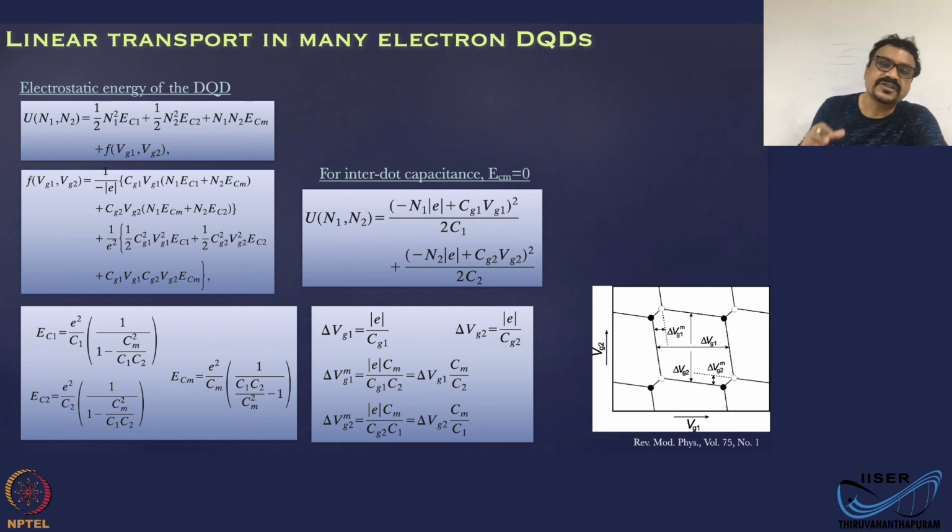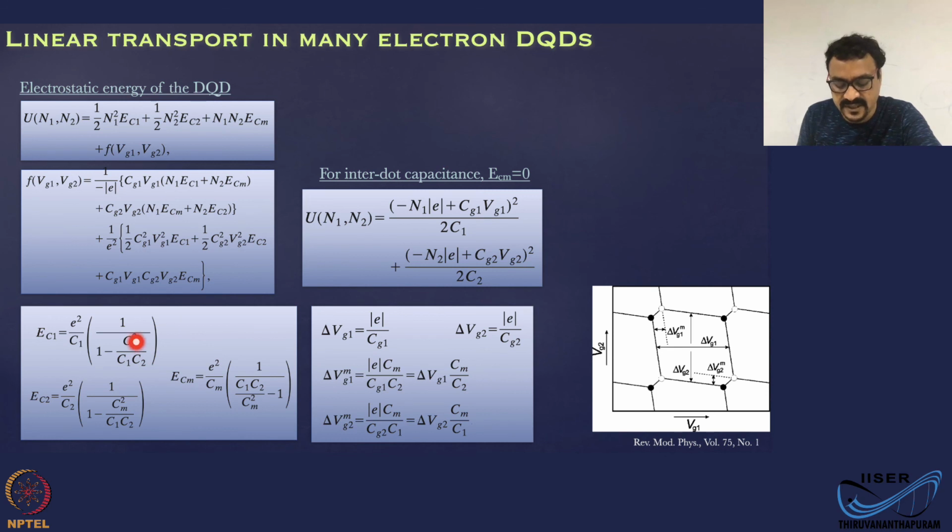mathematics. You just need to rearrange terms, where this EC1 is given by e square by C1 times 1 over 1 minus Cm square by C1 C2. Now remember, this EC1 charging energy is not just a function of C1, it involves all the capacitances. It also involves Cm, the interdot capacitance too.